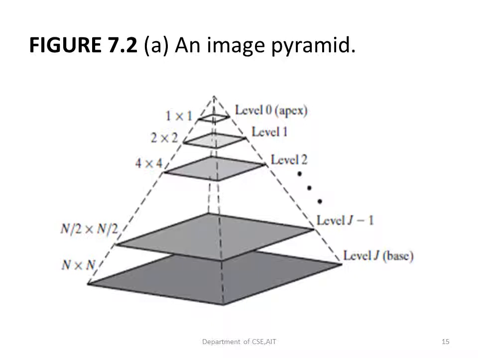Then it decreases when we go from level j to level j minus 1, and in turn it becomes less when we go to level 0. At level 0, that is at the apex, we only have a 1 cross 1 image. So the resolution of the image is reduced. This type of representation is called an image pyramid representation.